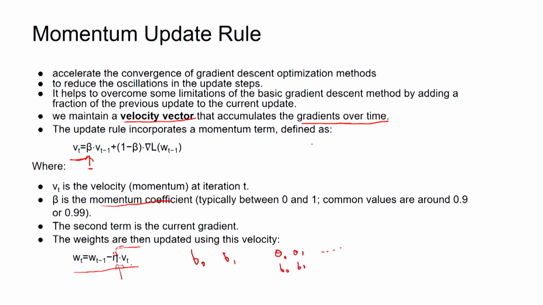You can relate this formula with the gradient descent formula, where we update our parameters as parameter minus alpha into gradient.